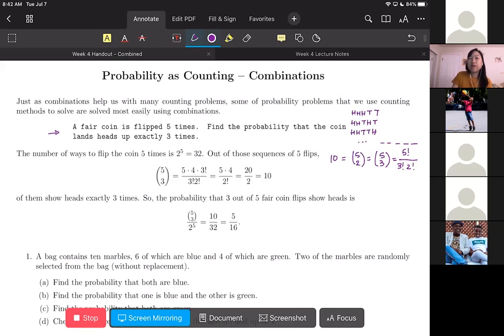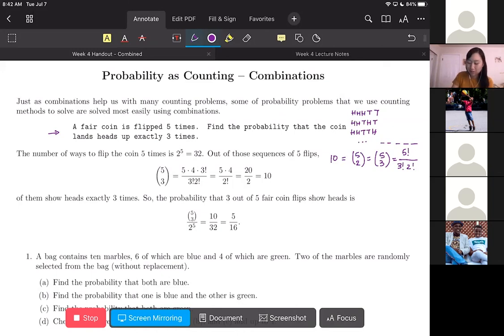Now for the denominator, we have 5 coin flips, and we want to see how many total possibilities there are for 5 coin flips. For each coin flip, I can have 2 outcomes. It could be heads or it could be tails, and I do that 5 times.